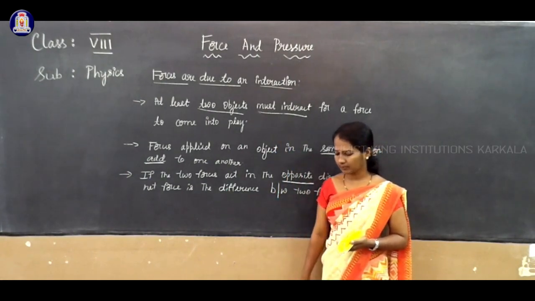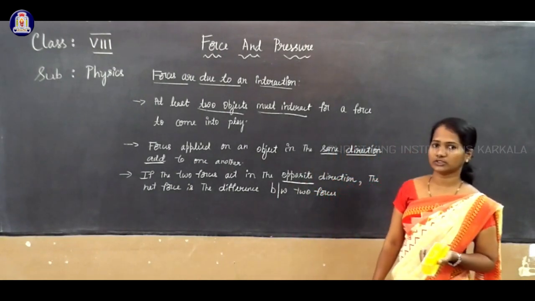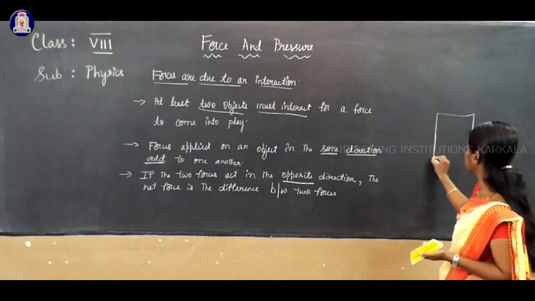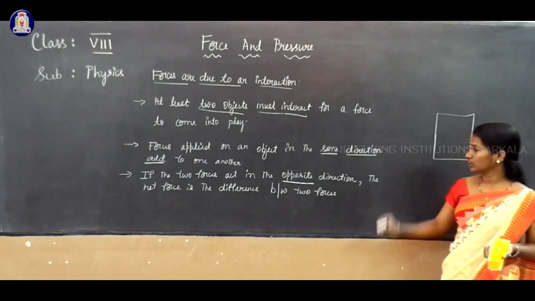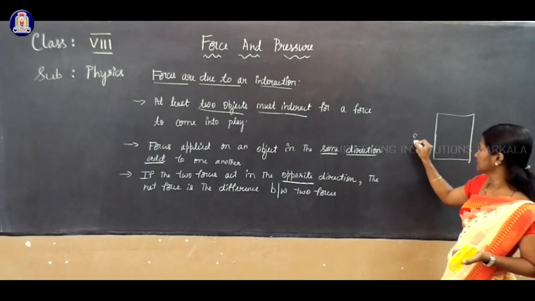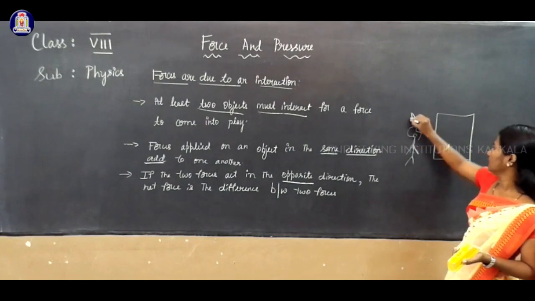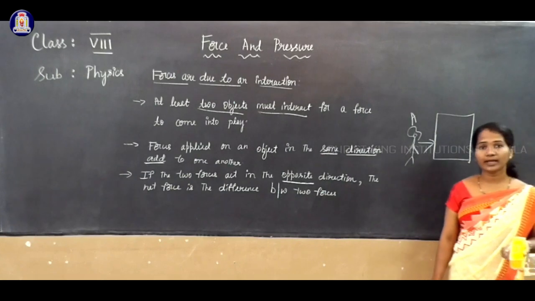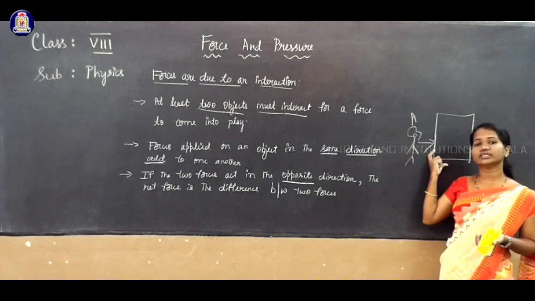Take an example of lifting a box. Consider here there is a box, a box full of books. Consider a person A. He is applying some force on this box and he wants to shift it.